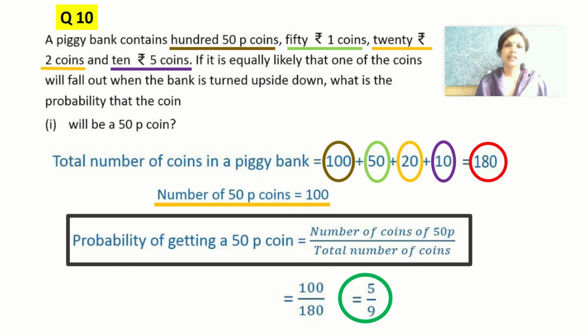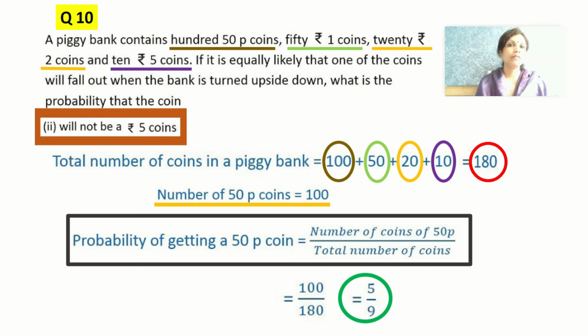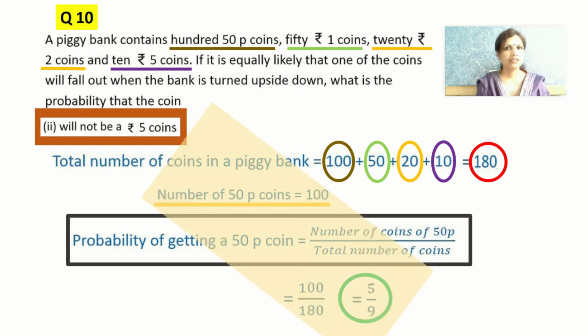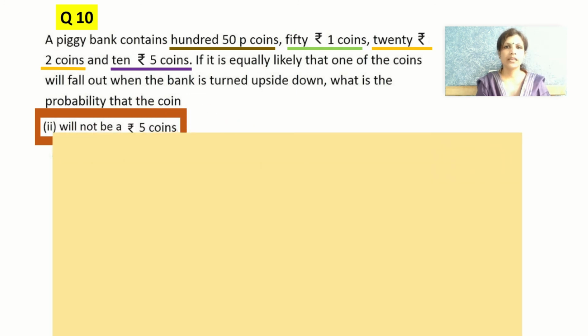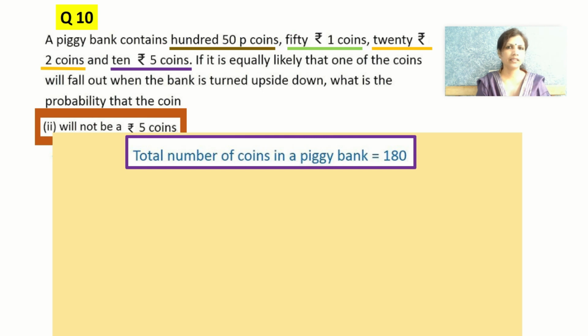Alright. Now the second part of the sum is, what is the probability that the coin will not be a rupee 5 coin? For this, we first write the total number of coins in the piggy bank as 180, which we have already calculated. Then the number of rupee 5 coins is equal to 10, which is given to us. We have to find the probability that the coin will not be a rupee 5 coin.